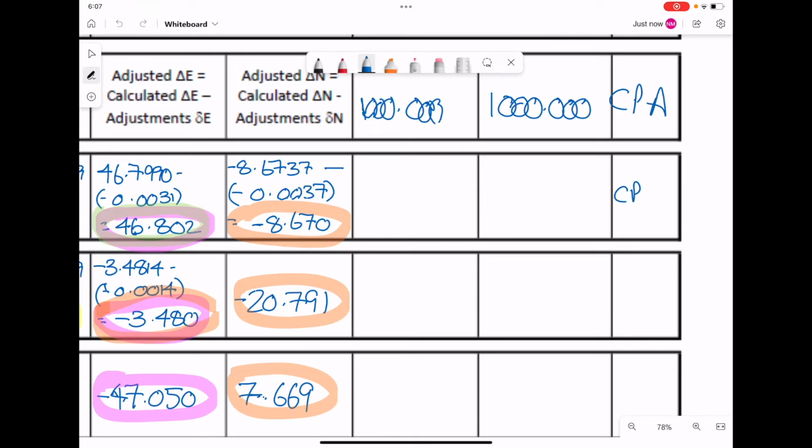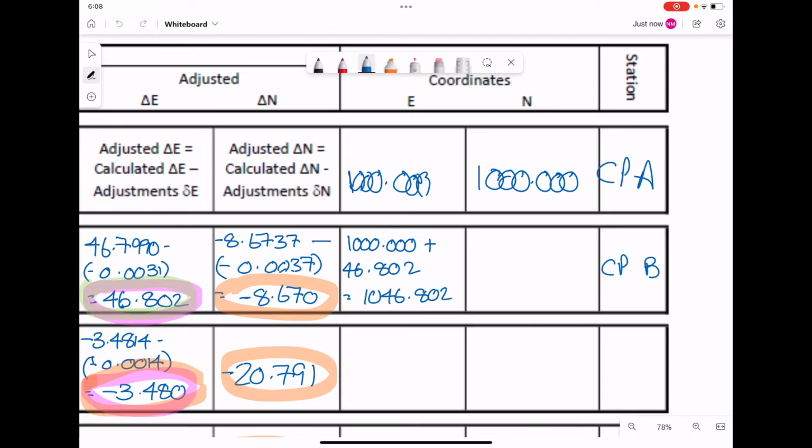So coordinates of control point B will be based upon the coordinates of the previous point. We're going to add on the adjusted partial easting in this column. In this case, it's a value of 46.802 to give us a coordinate of 1046.802.